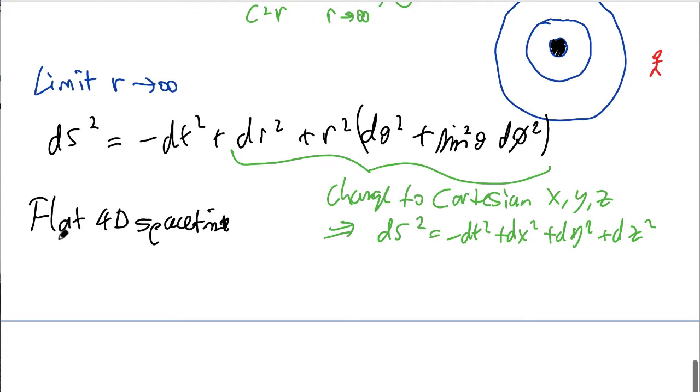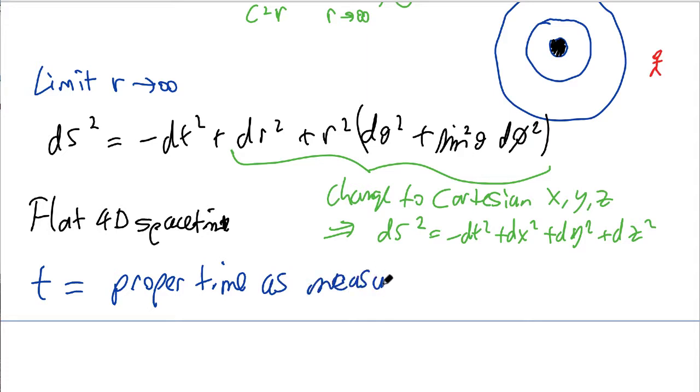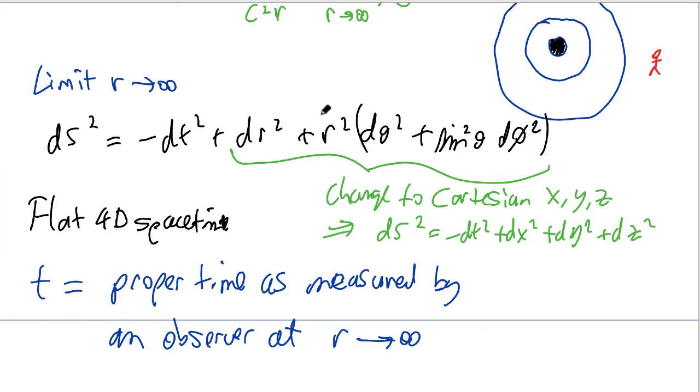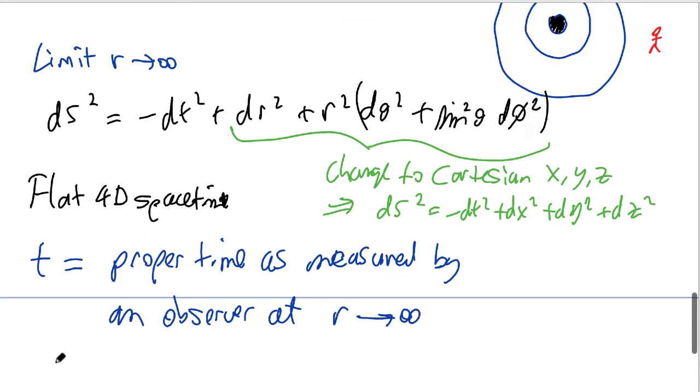So the Schwarzschild coordinate t has the interpretation of proper time as measured by an observer in this region far away from the massive body where the gravitational field is weak, near r equal infinity. And likewise, this r coordinate measures proper distance between these spheres near infinity.